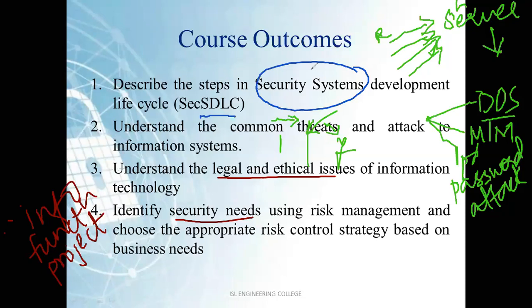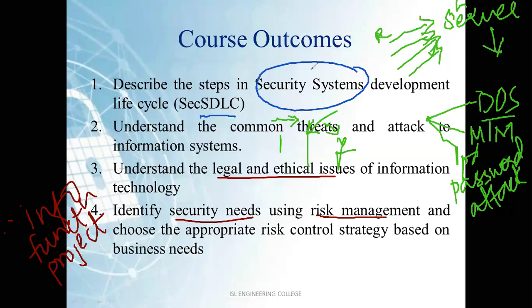For this security, you need to do risk management. What is risk? It is the degree of possibility of loss. You first analyze the degree, or the percentage chance of risk. When you know there is a chance of risk, it becomes easy for you to design a secure system and decide how you're going to defend it.